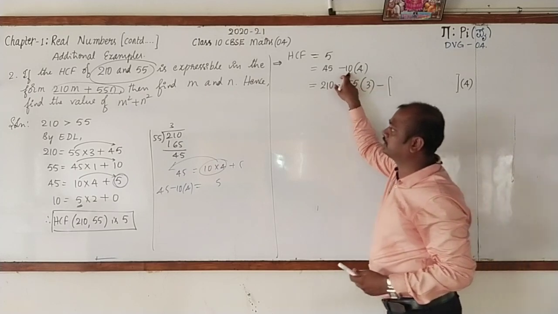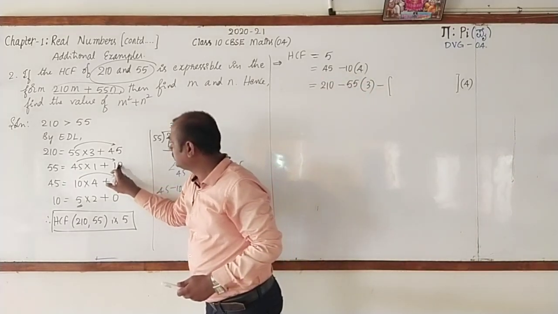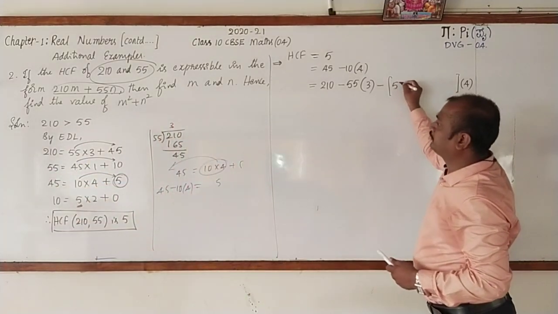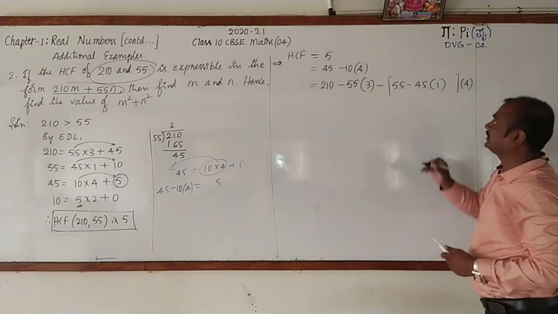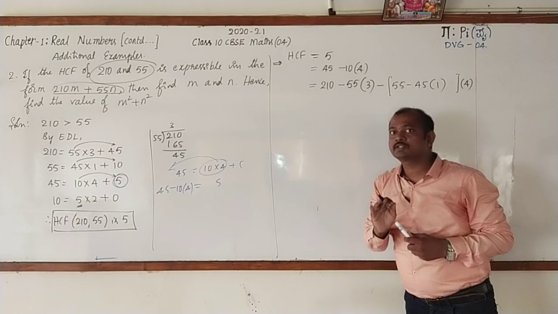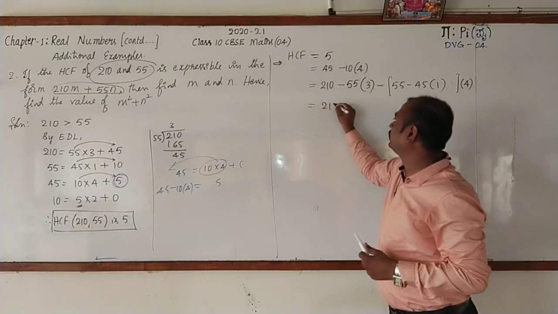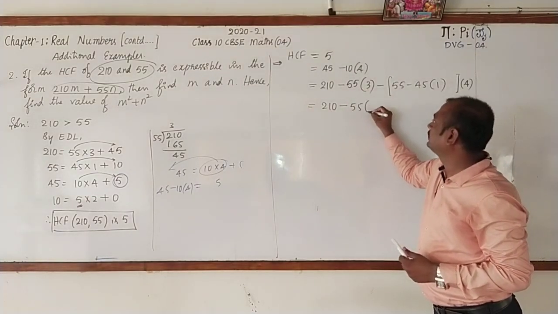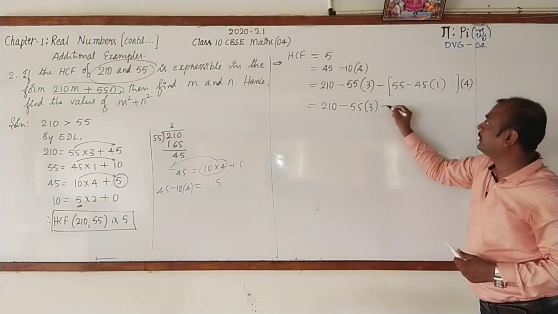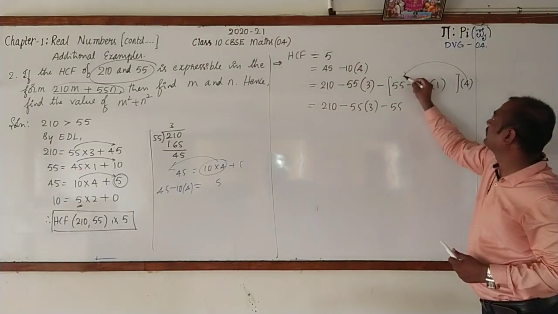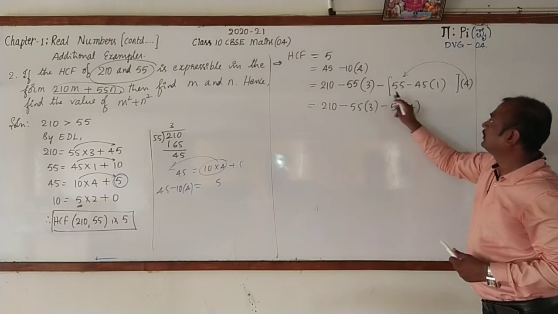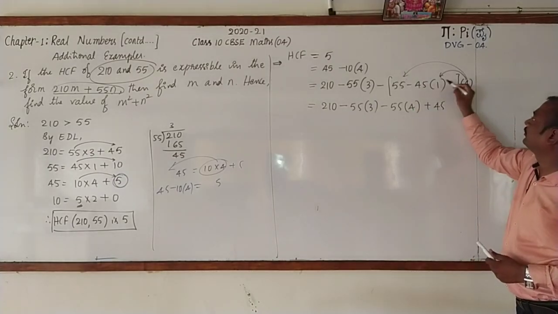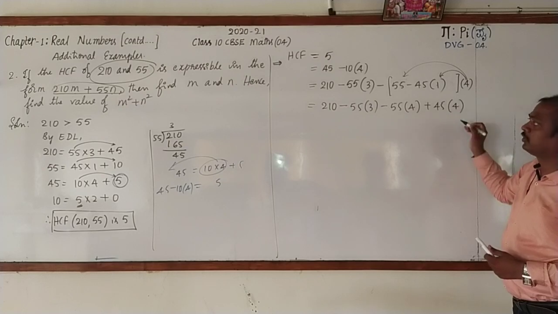Now let us take substitution for 10. What is 10? 10 is here. 10 equal to 55 minus 45 once. Clear? Please do concentrate. It's equal to 210 minus, don't go for multiplying this, 55 3 times as it is, multiply by minus, minus 55, here 4 is there, 4 times, minus into minus, plus 45, then multiply 4, 4 into 1, 4, 4 times.